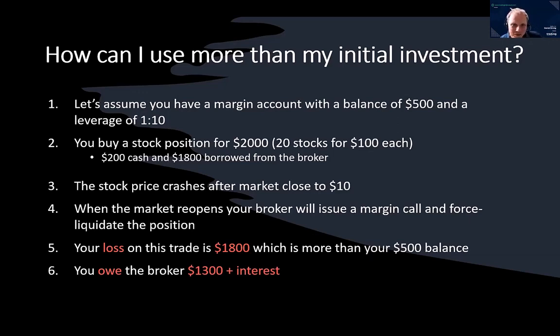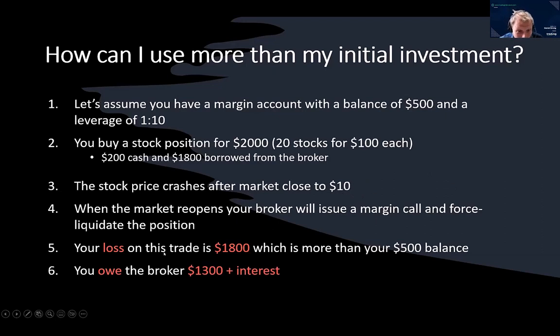But what if things don't go well? Or what if things are going really catastrophically wrong? Let's say overnight, the stock market is closed. You can't trade anything. The stock price crashes to $10, from 100 down to 10. Now, the market will eventually reopen. And in this scenario, the broker will immediately issue a margin call on your position, meaning it will force liquidate your position at the market price of 10.